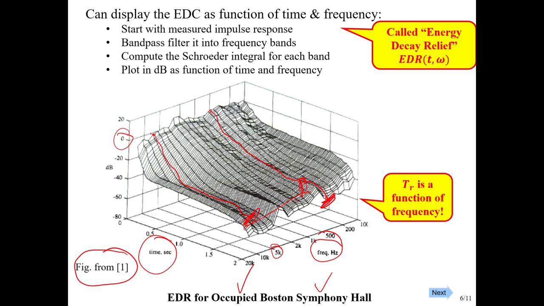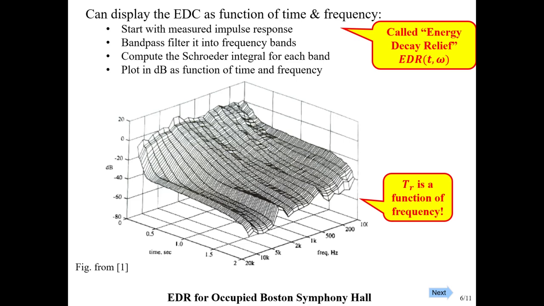So what we're seeing here is that the reverb time is longer at lower frequencies and shorter at higher frequencies, but it's not a simple relationship. And that might change from one location, one room to another room. But that's important.